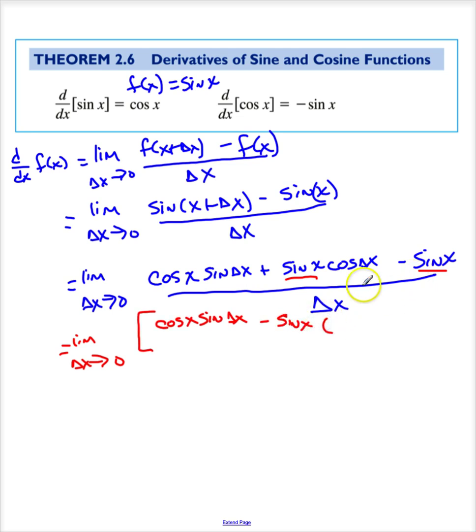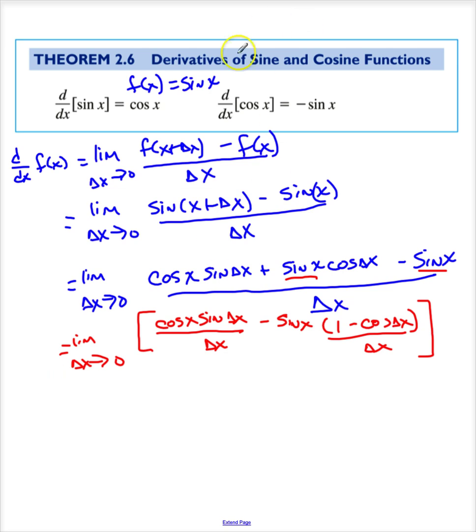What am I left with when I pull minus sine x out? I'm left with 1 minus cosine delta x. And I'm going to break this up into 2 fractions.